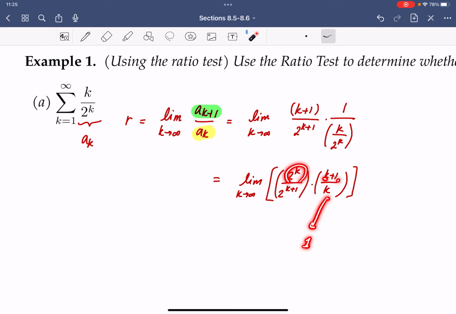And then 2 to the k and 2 to the k plus 1 cancel, and you get 1/2, because 2 to the k plus 1 is 2 to the k times 2. So 2 to the k cancels out, and you get 1/2.